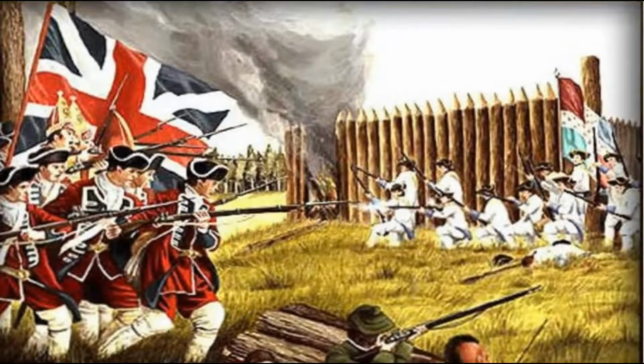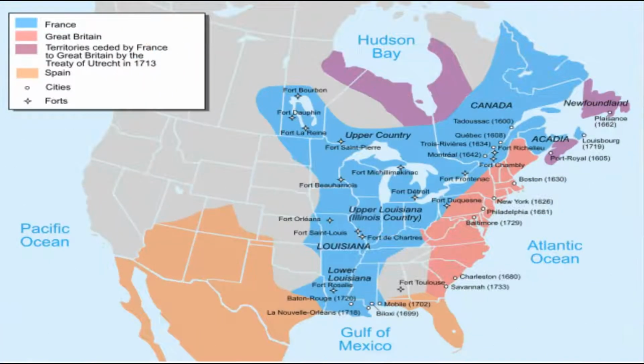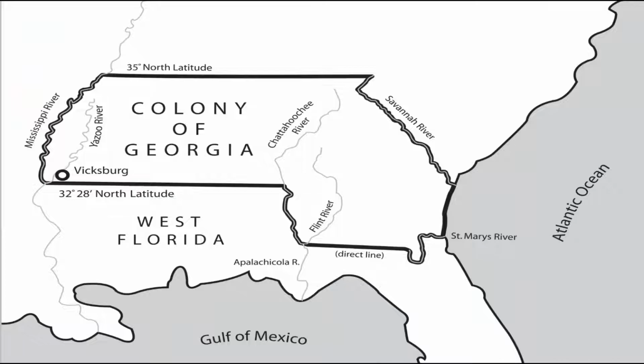The British won the French and Indian War, so that changed the land. The British got Canada and all the land west to the Mississippi River, and Georgia's borders expanded to the St. Mary's River to the south and the Mississippi River to the west, and the land around Augusta to the north.